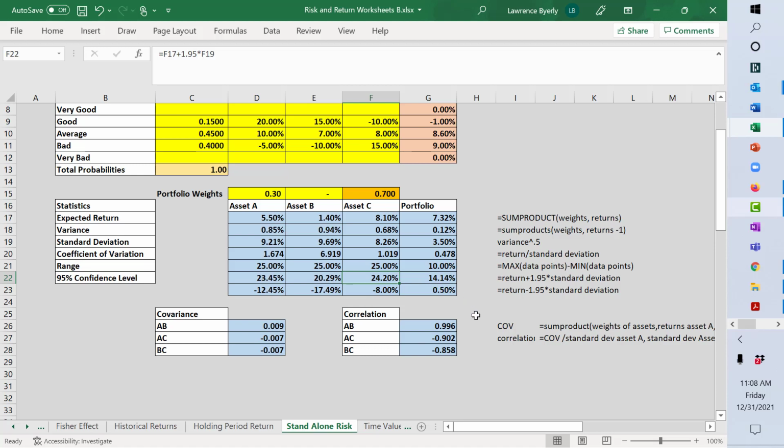Again, that's an implication of lower risk. And if you look at the portfolio, there's a 95% chance that this portfolio will be greater than zero. In fact, if we create this portfolio, there's a 95% chance that it's going to be between 0.5% and 14%. So again, another way of analyzing and looking at risk.